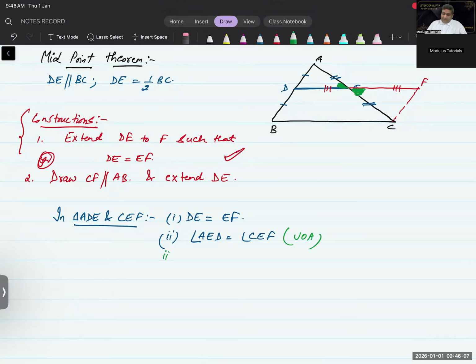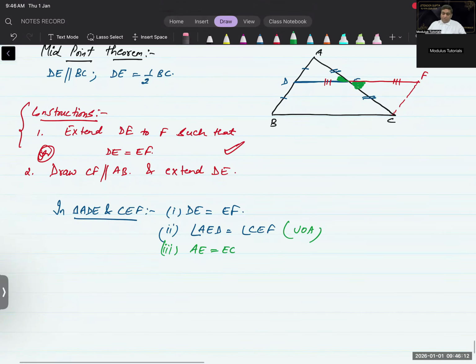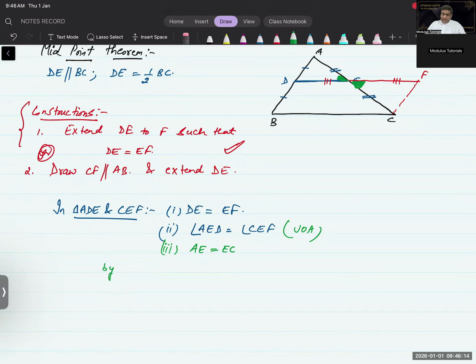And the third thing that I have is AE is equal to EC. So, can I say by the SAS congruence criterion that triangle ADE is congruent to triangle CFE? I have been able to prove that these two triangles are congruent.